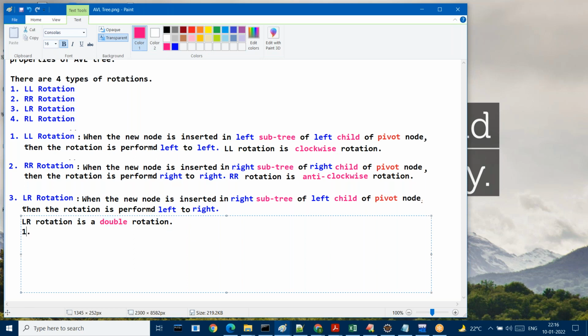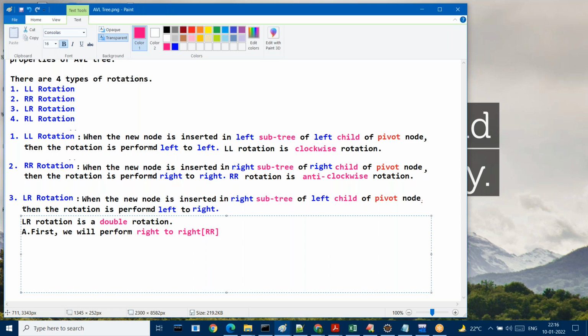What is that double rotation? Number one, first one. First, we will perform which rotation, sir? Right to right. That means under LR again RR will come, sir. Yes. So first we will perform RR.